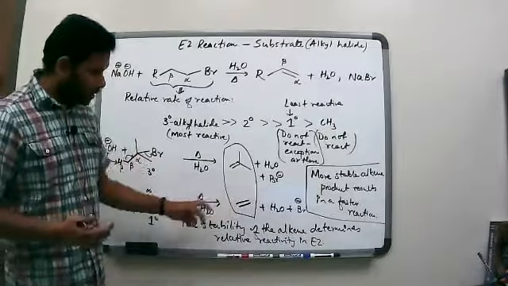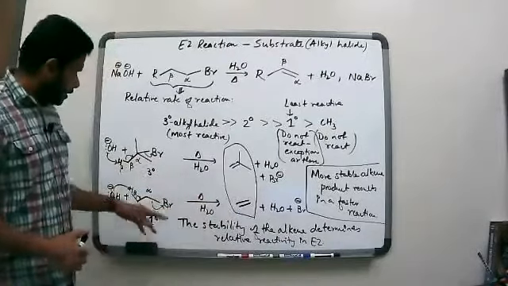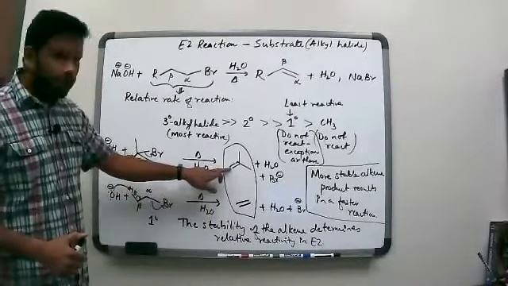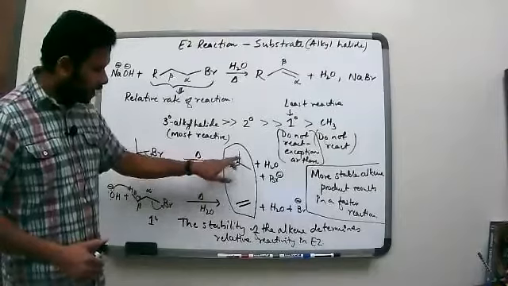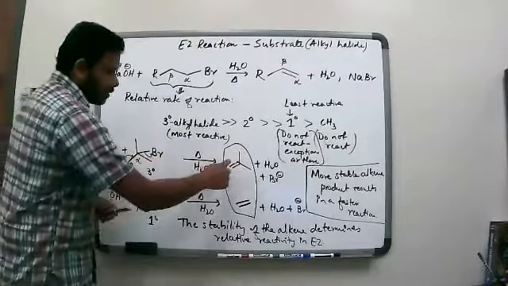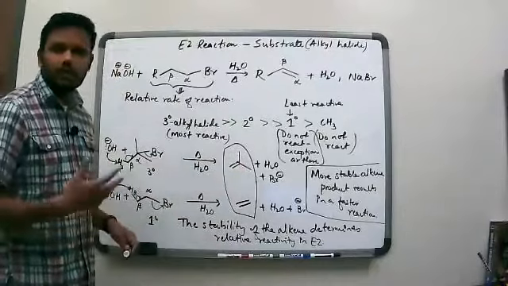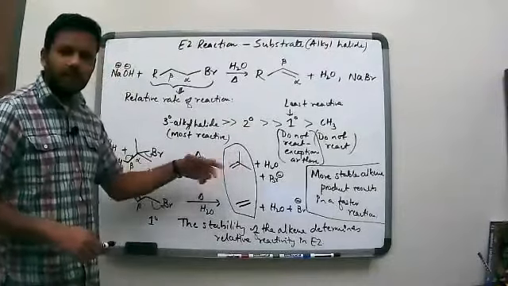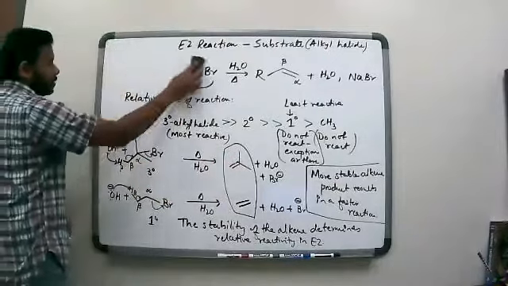So this is basically an unsubstituted alkene. Whereas for this tertiary alkyl halide, or for this alkene, we can call it a disubstituted alkene, because when we look at the double bond, it has two substituents to it. What those substituents are doesn't matter. Basically disubstituted alkene. So we'll look at this in a little bit more detail.